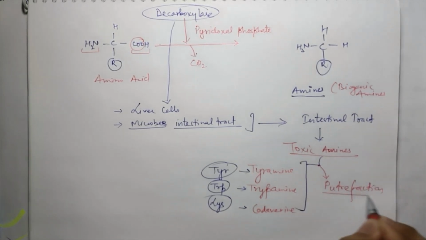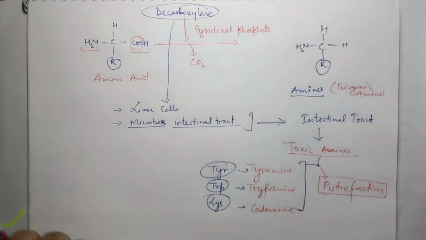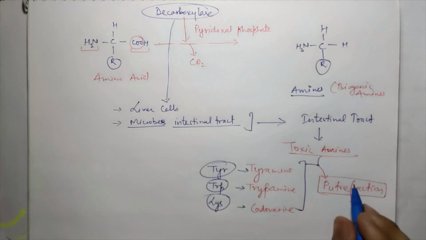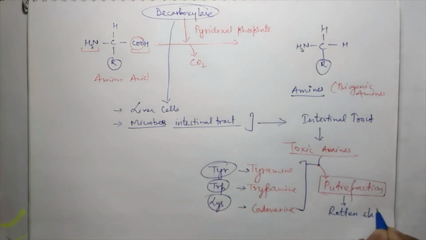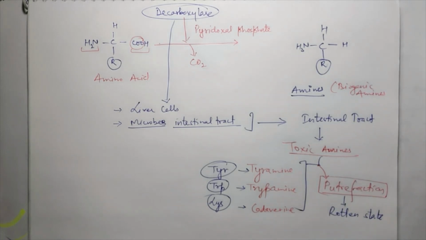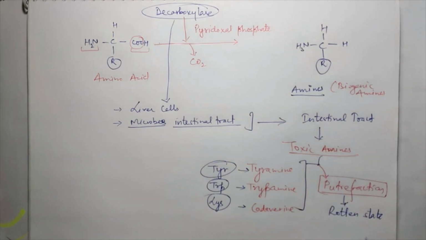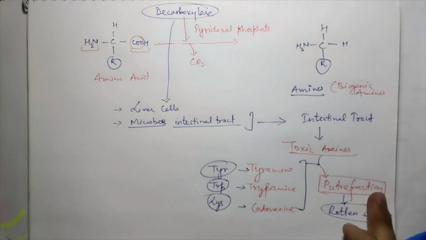It is called putrefaction in the intestine. Basically it is a kind of rotten state where a number of incompletely oxidized products increase in amount in the intestinal tract. So this is a type of rotten state and it is called putrefaction.